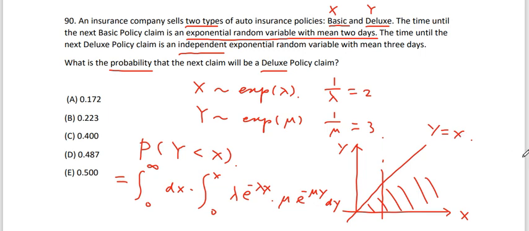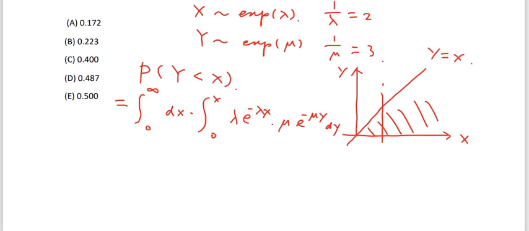So this is just a double integration: x from 0 to infinity, lambda e to the negative lambda x, and integrate out mu e to the negative mu y dy from 0 to x.